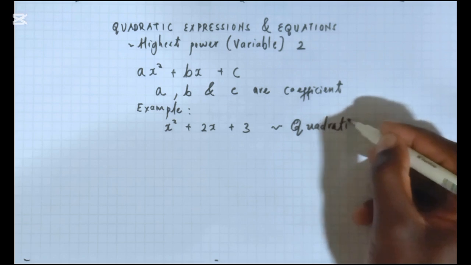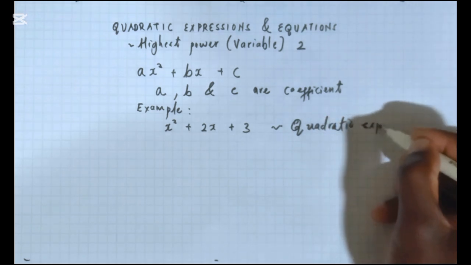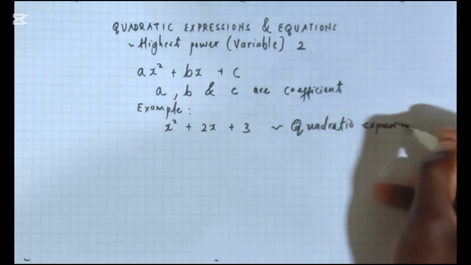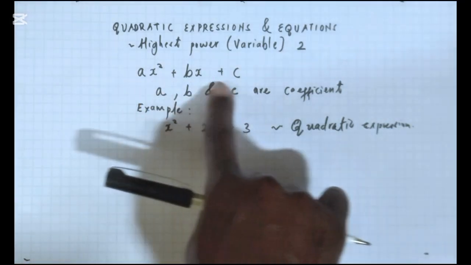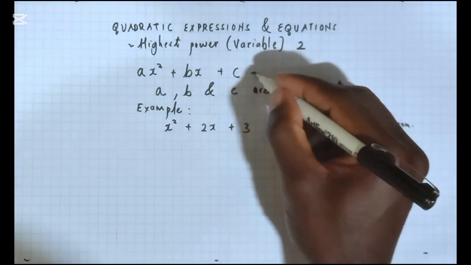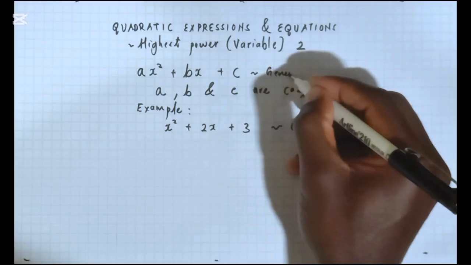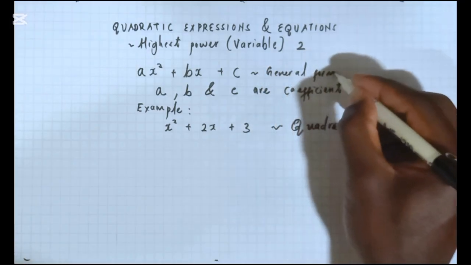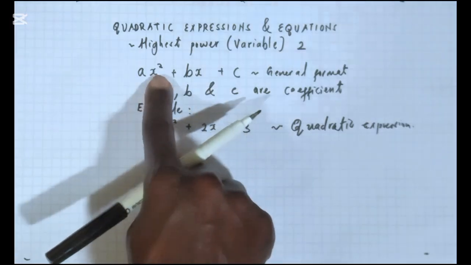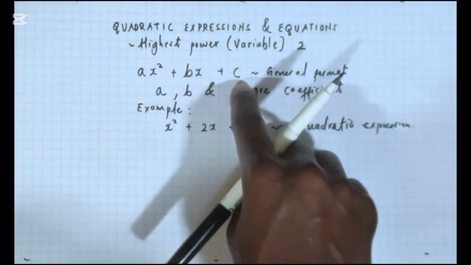And why is that so? Because first of all, it's following the general format of what we know to be a quadratic expression, and that is ax squared plus bx plus c.